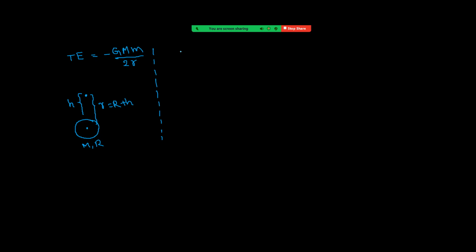Then see, it is having potential energy minus GM by r, plus we are providing some kinetic energy to make the total value zero. And this corresponding velocity is known as escape velocity.